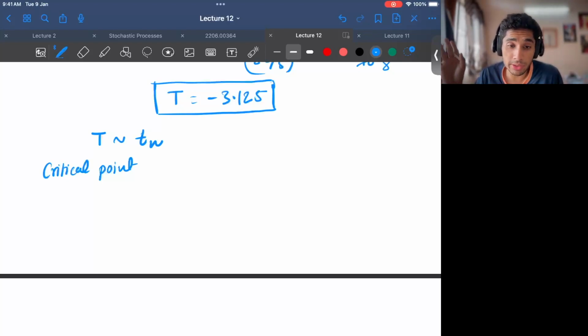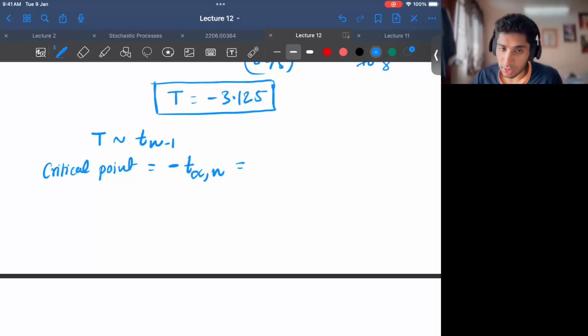It will be calculated using your t distribution. Since this is negative, it will be minus t. The critical point for a t distribution is t alpha comma n, which is n minus 1. So this will become minus t 0.05 comma 24.